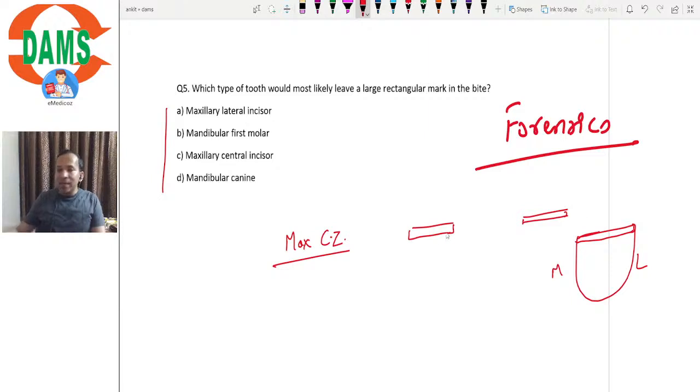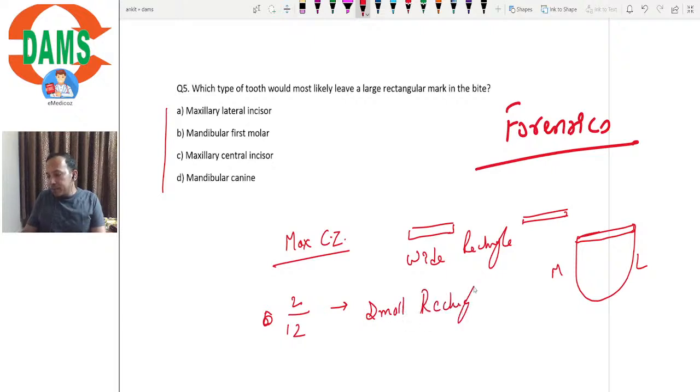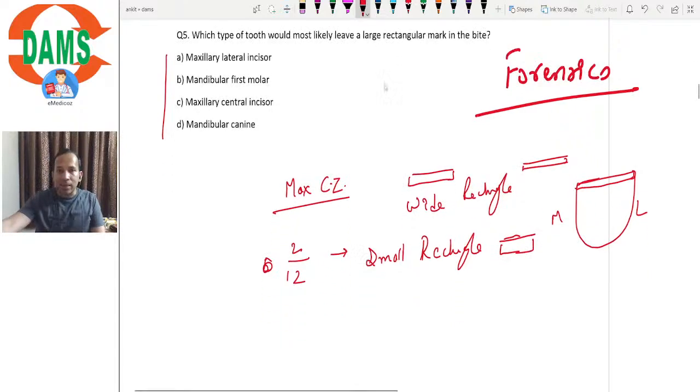And that is why its incisal mark on the skin would be a wide rectangle. Now the maxillary lateral incisor and mandibular central and lateral incisors will form a small rectangle, isn't it? They will form a small rectangle as compared to the maxillary central incisor.